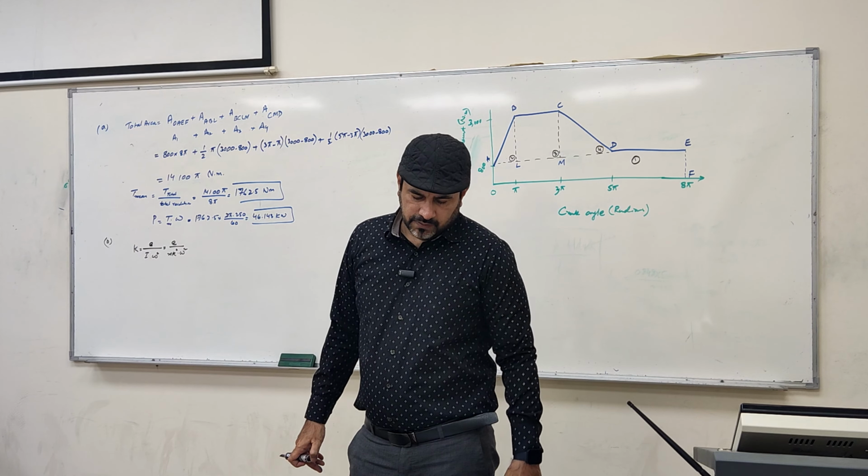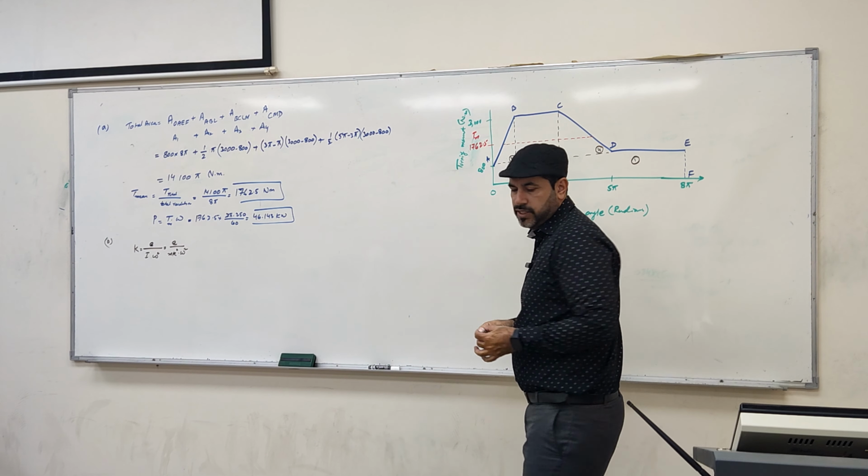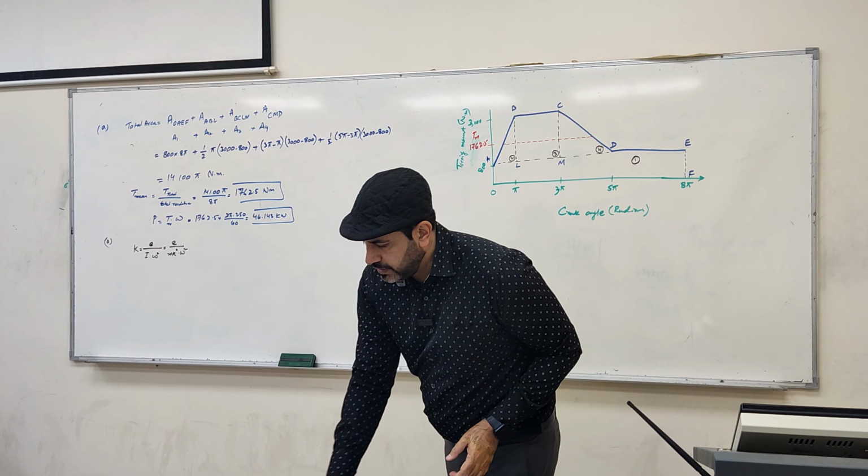Okay. So let me draw this thing. Is 172.5. What is this value? This is T mean value. Okay. So this is the T mean value. Now we need to find area under the curve of this.